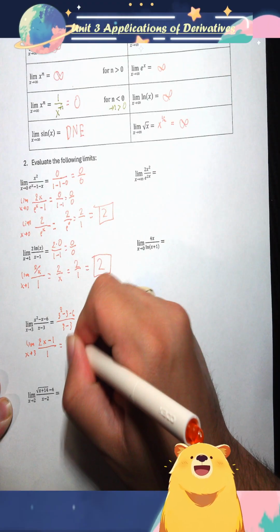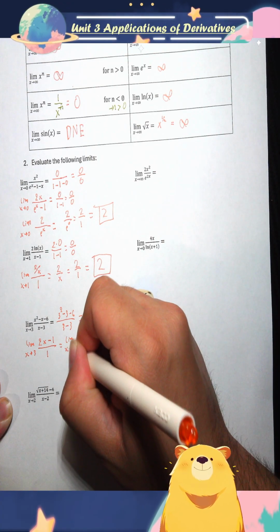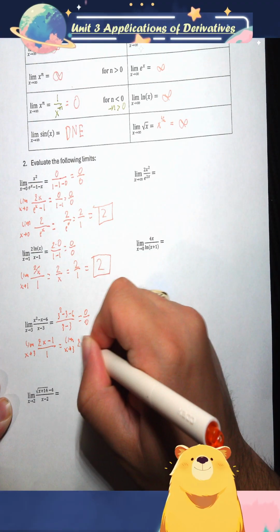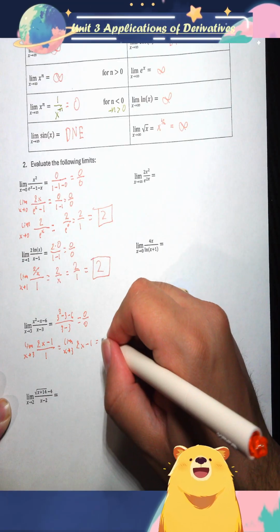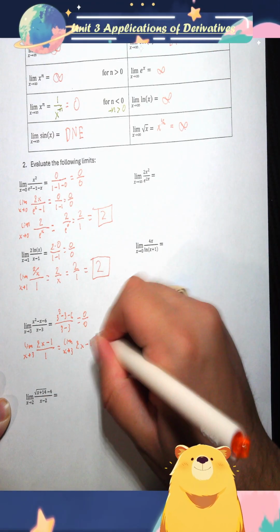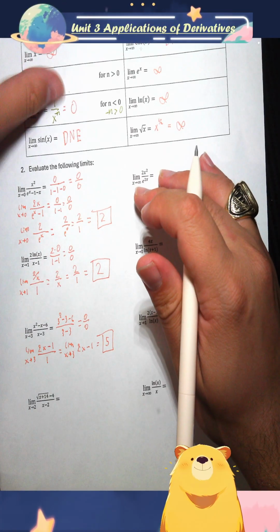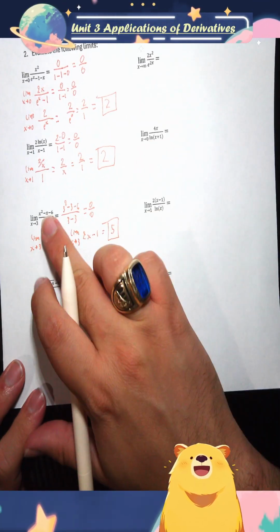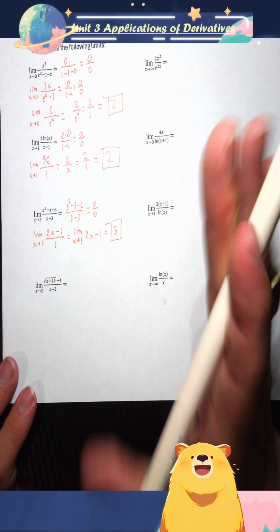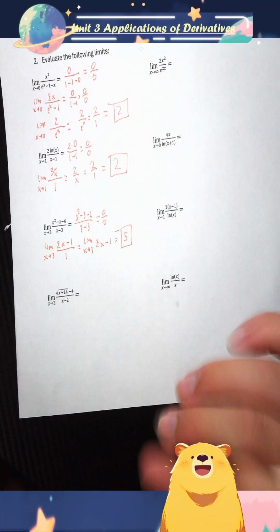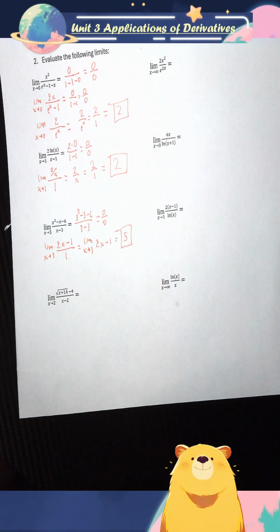That gets simplified to 2x minus 1, which we know we can just do substitution, and that will be 5. Now, again, you could technically have done this the other way with evaluating, but this is a lot easier. Just keep that in mind.